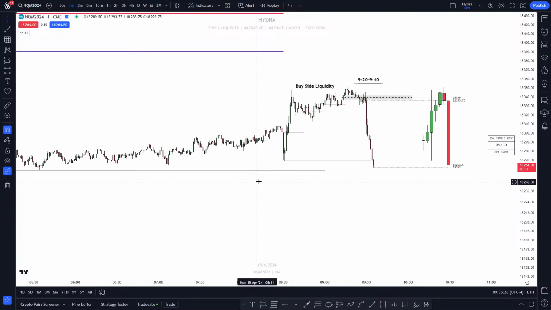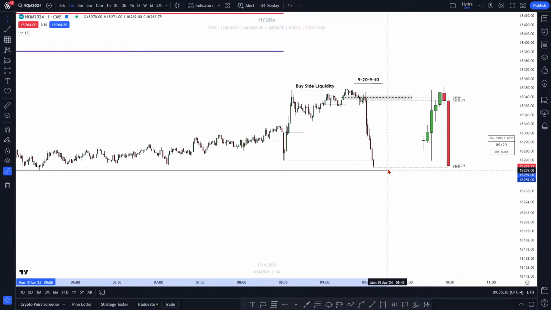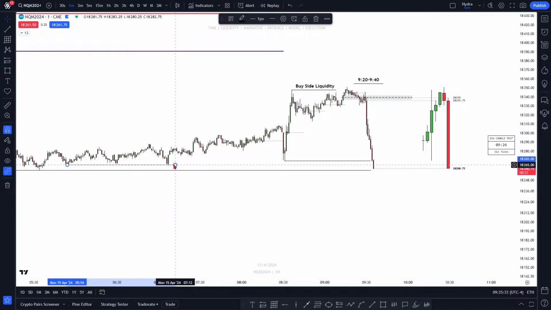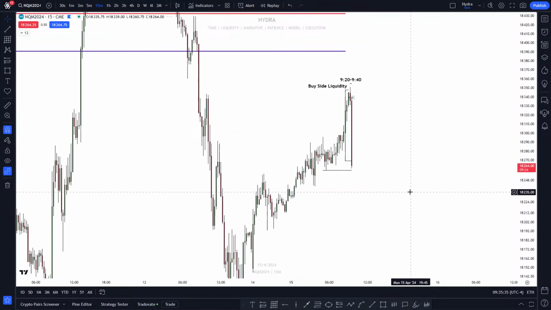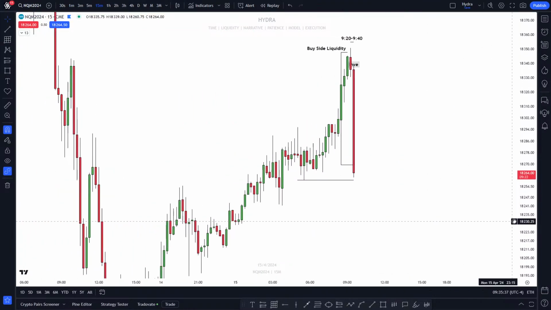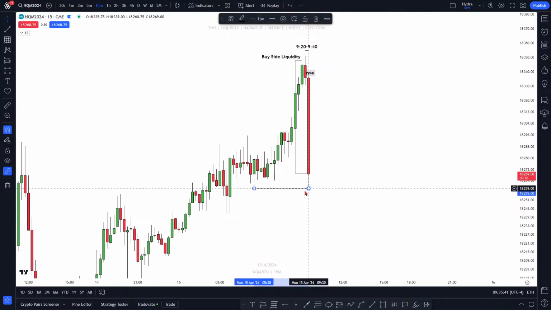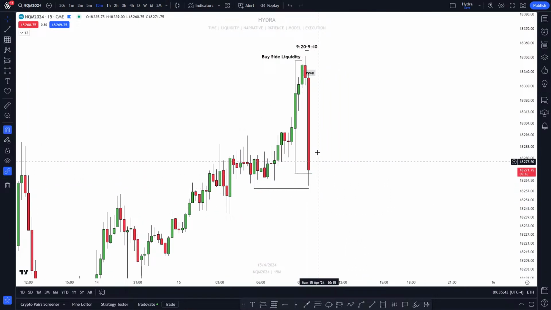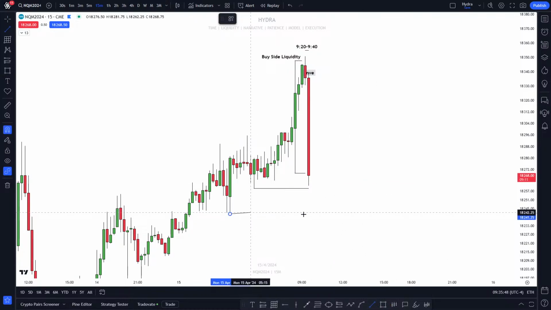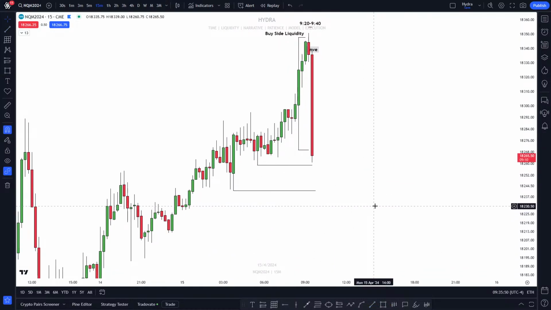We're smashing through all the sell side liquidities that we have. So it's good to see that my whole point of view, the whole narrative, was correct. I wish the market did a clean structure before dropping. Anyway, we have liquidity here.